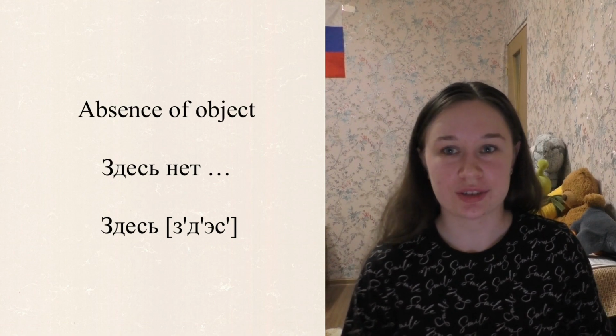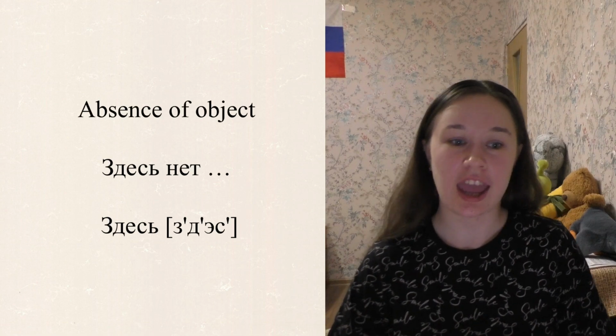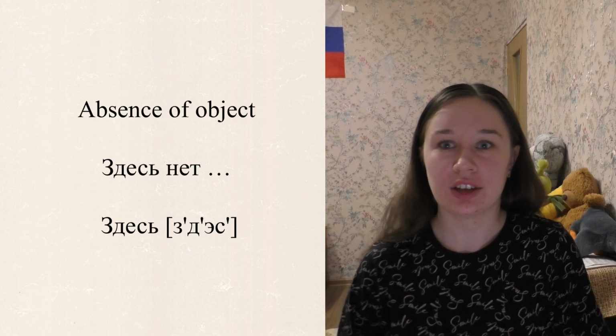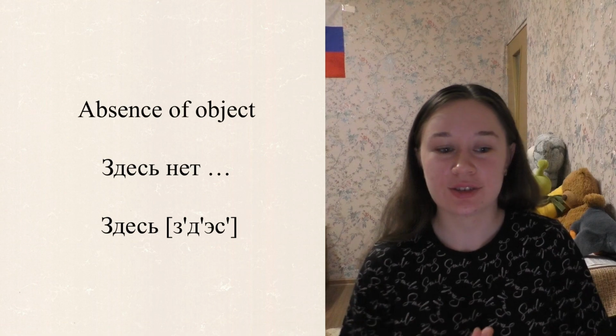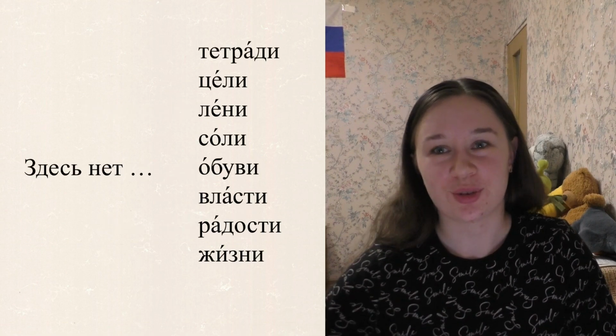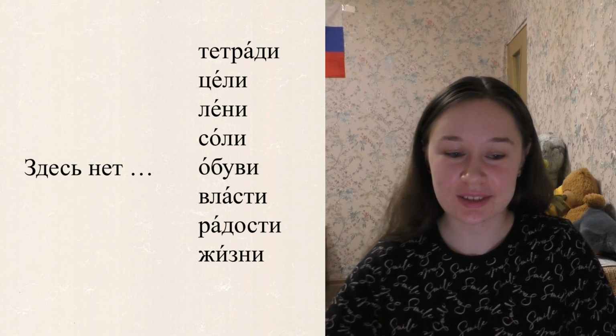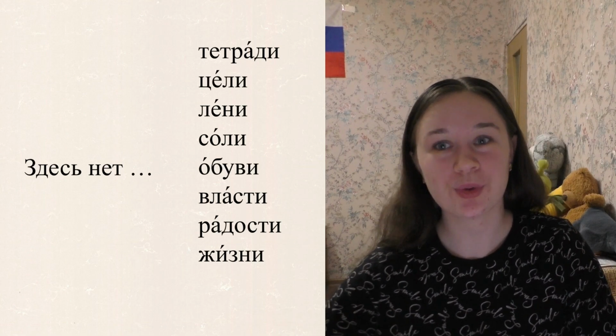So construction здесь нет, there is no, and then you add any word with ending e and you get a new sentence. So let's go. Здесь нет тетради. There is no notebook.